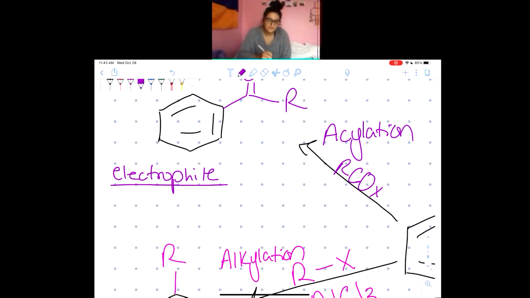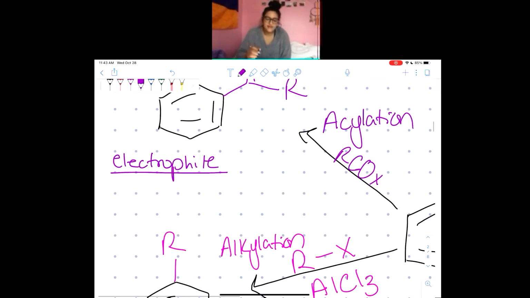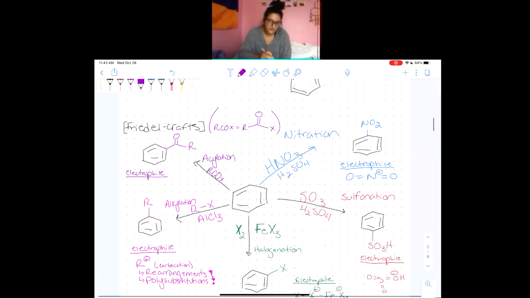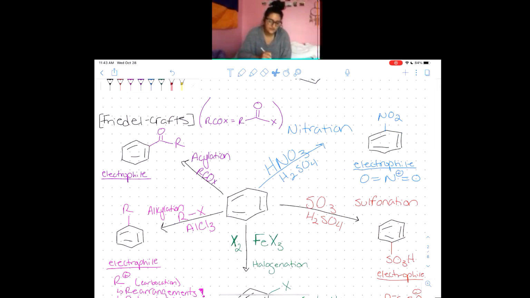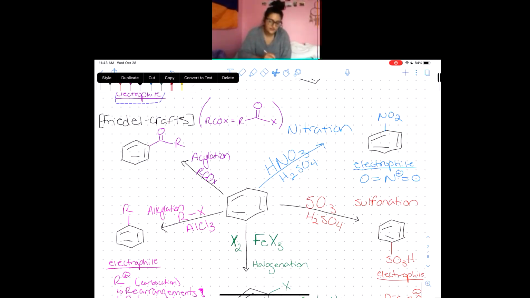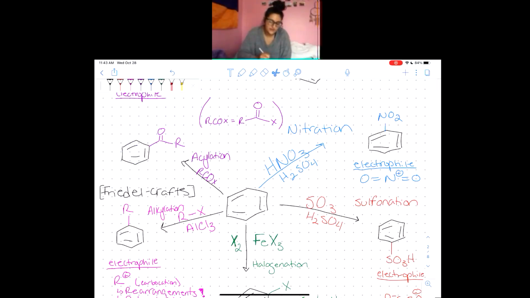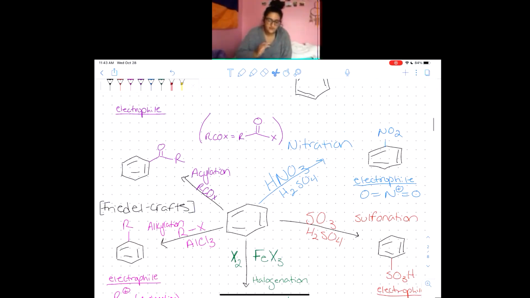I'm going to move the electrophile because I don't have enough space up here, and I'm just going to move this little Friedel-Crafts thing here.